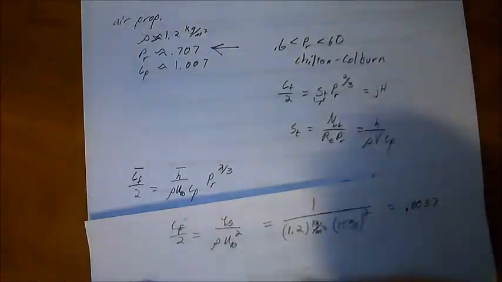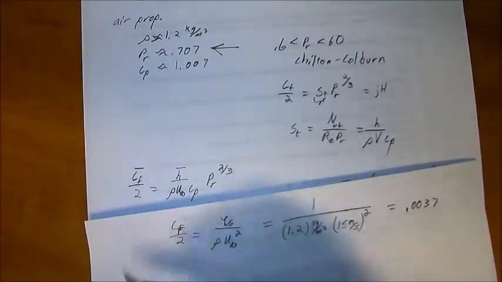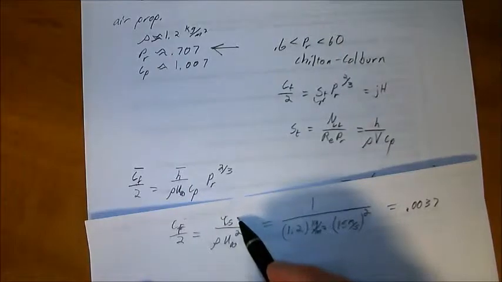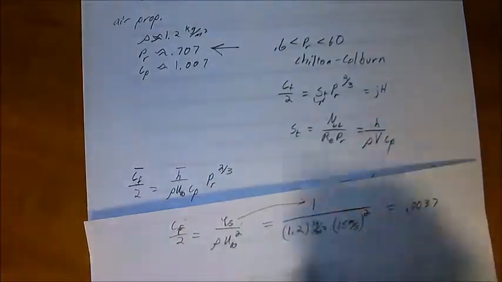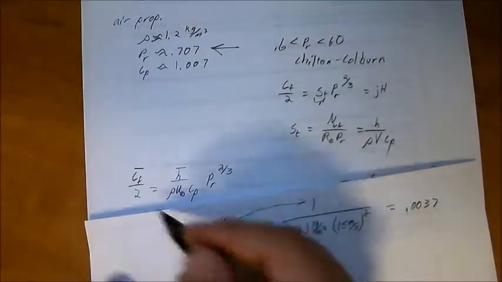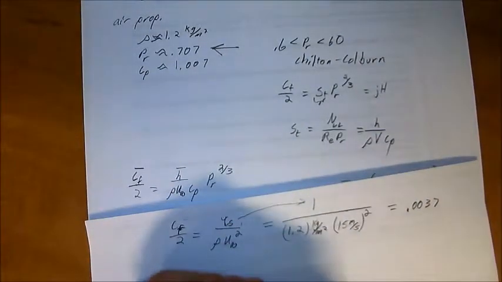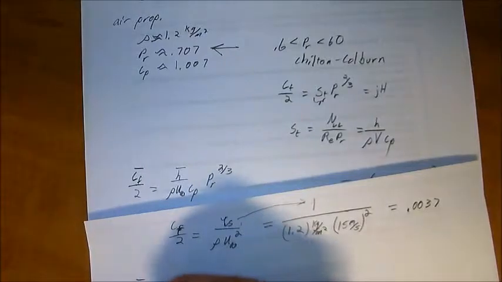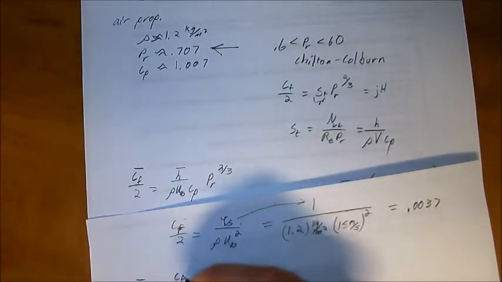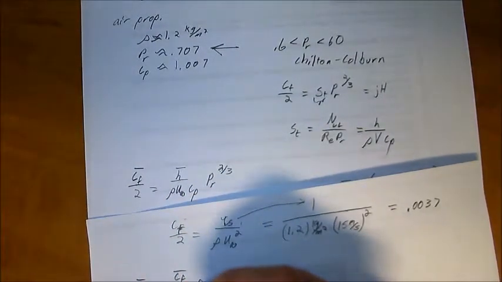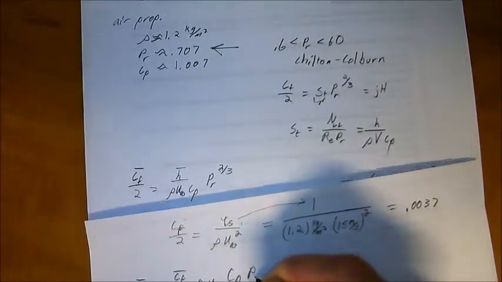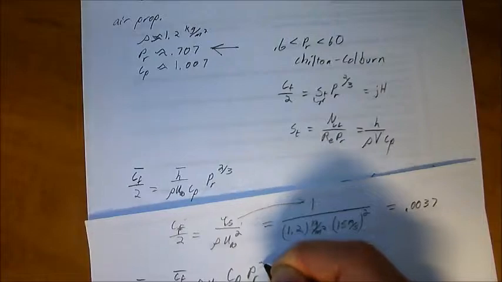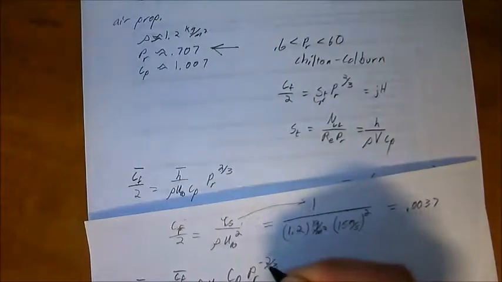So now we have CF over 2, everything's solved for, and we just did this by getting around it. The only trick is to remember that you can use a time constant equal to 1. That's the only thing you've got to do. Okay, so now, if we take this equation and rearrange it, you can get H bar is equal to CF over 2 rho u infinity CP times Prandtl number to the negative 2/3.